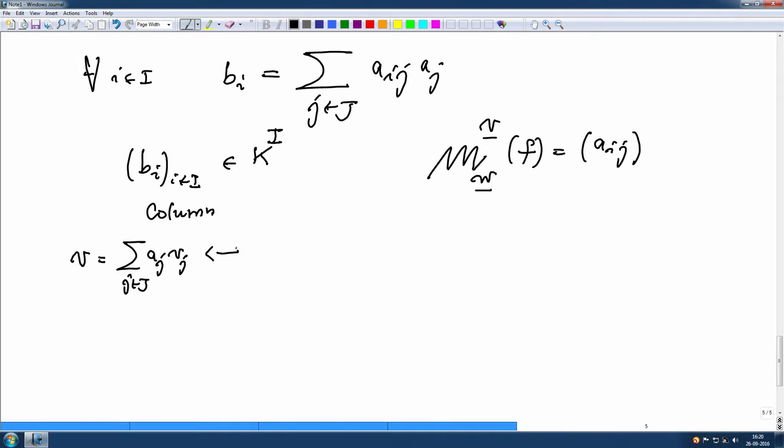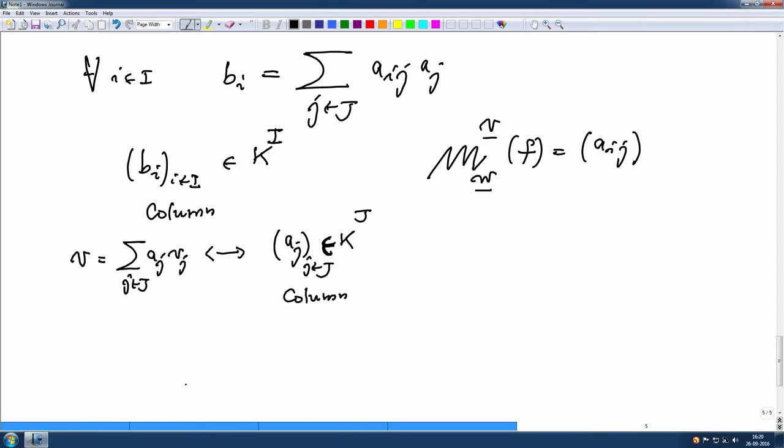This corresponds to the vector a_j, j in J, in k^J. But this also I want to think of as a column.